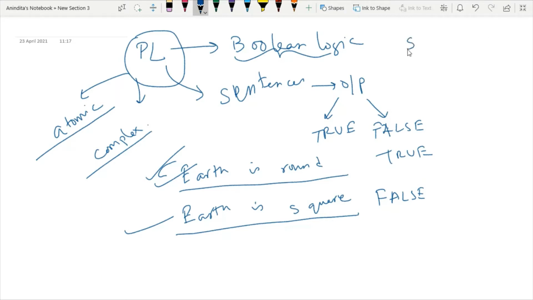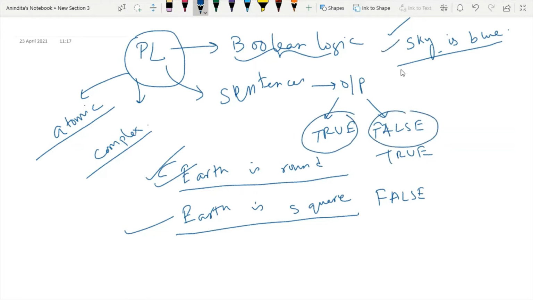So if I write say sky is blue, this is a single sentence and this sentence has either a true outcome or a false outcome. So since sky is blue is a single statement which has an outcome either true or false, we can say that it is a propositional logic. Also we can say it comes under the category of atomic propositional logic because we have a single sentence.